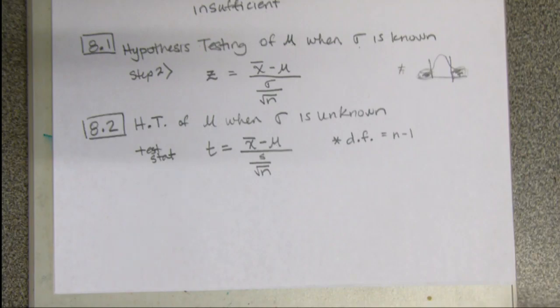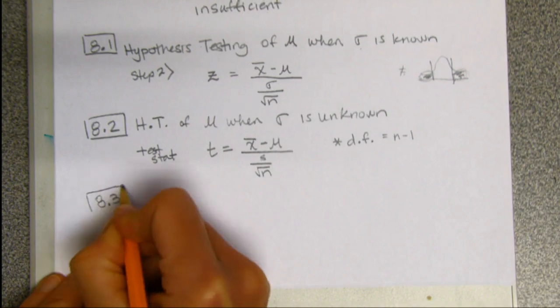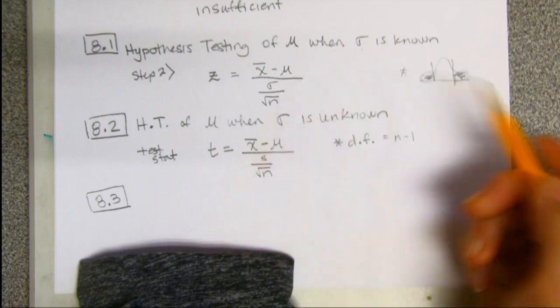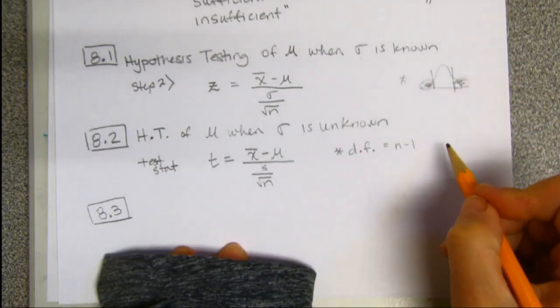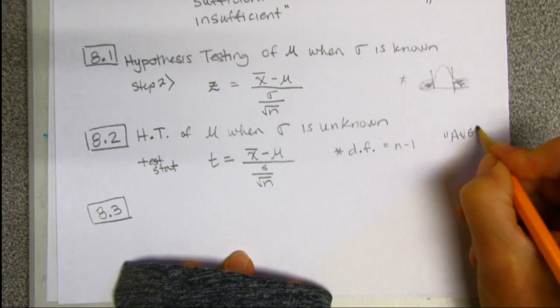So 8.1 and 8.2 are just about mu. All right, moving along to 8.3. Again, let's remind ourselves that with these two, in your conclusions, you're going to have the word average.